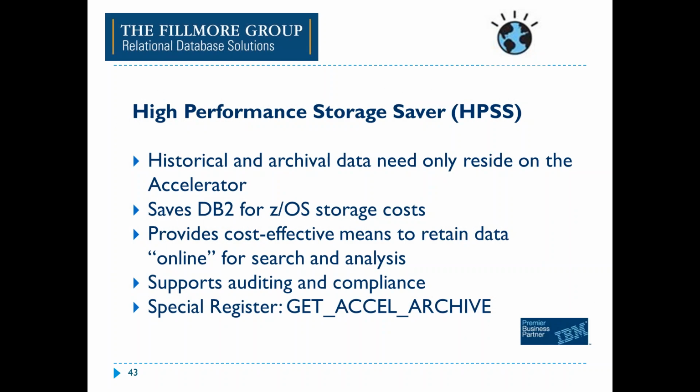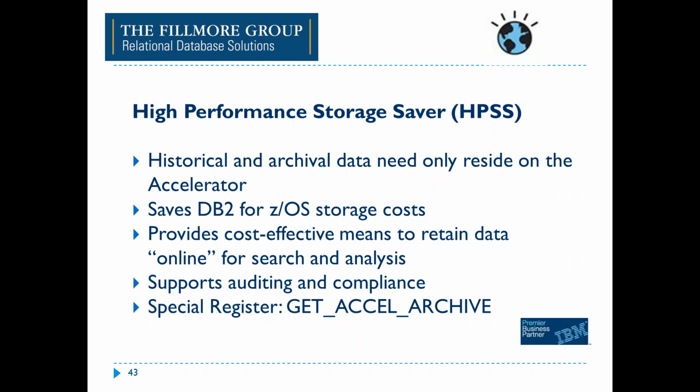I'm going to go over the HPSS very quickly. If you have it today, you understand how it works. Let's say I have 5 years worth of data that I want to retain, but for a variety of reasons, I only want to have in my transaction processing database the most current year's worth of data. I partition my data by date.